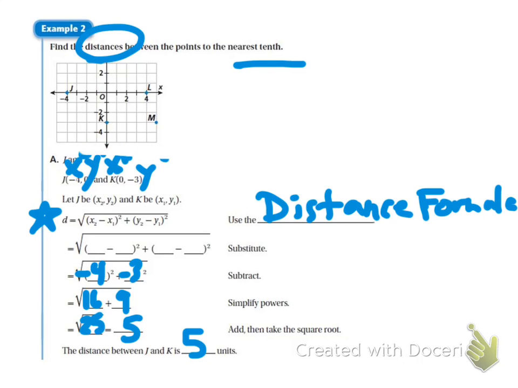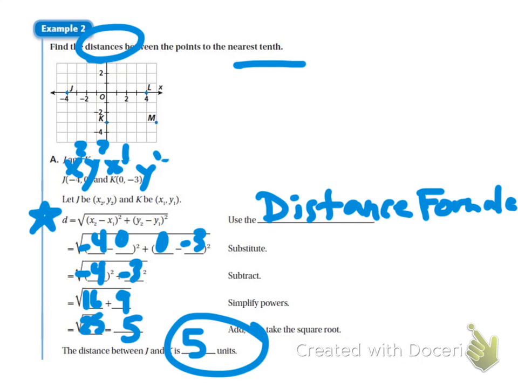I don't appreciate when they do that. x2 was -4 minus x1, which was 0, and then y2, 0 minus y1, -3. That's how I found my units to be 5.